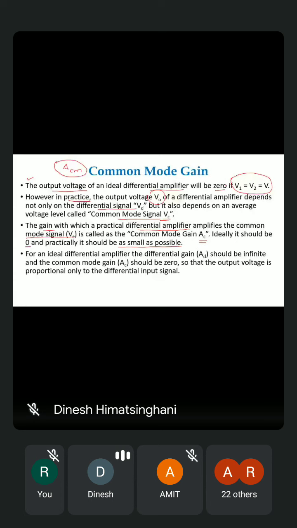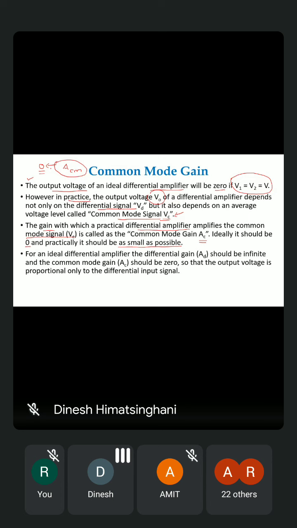However, when you work with a practical differential amplifier, it is not just the differential voltage but also a common mode voltage signal, called VC, that matters. The gain at which a practical differential amplifier amplifies the common mode signal VC is referred to as the common mode gain. I could call it ACM or AC also. This should ideally be 0, and practically it should be as low as possible.